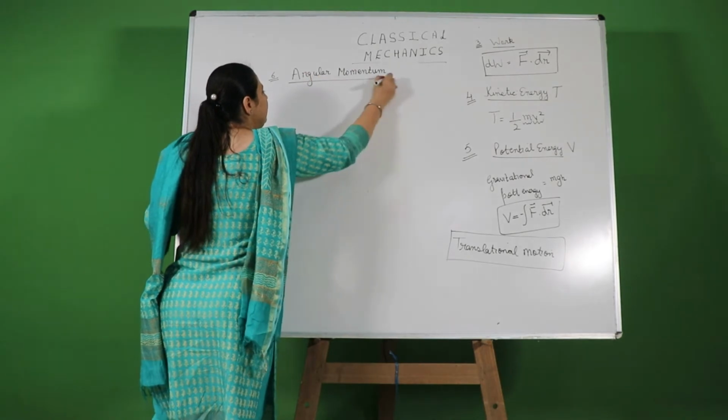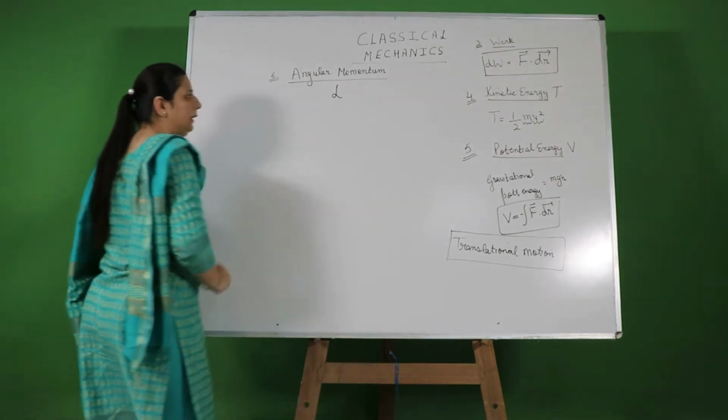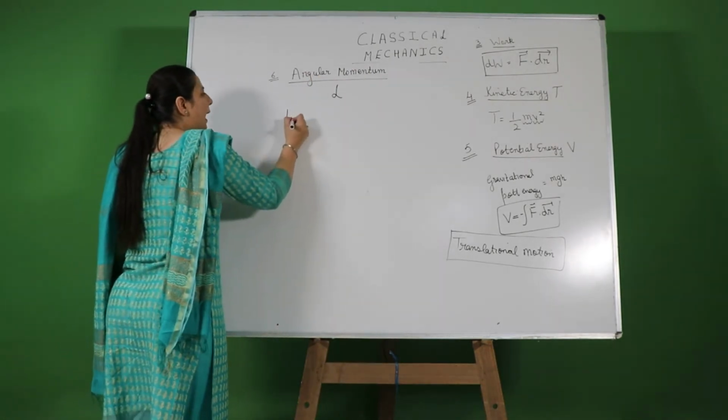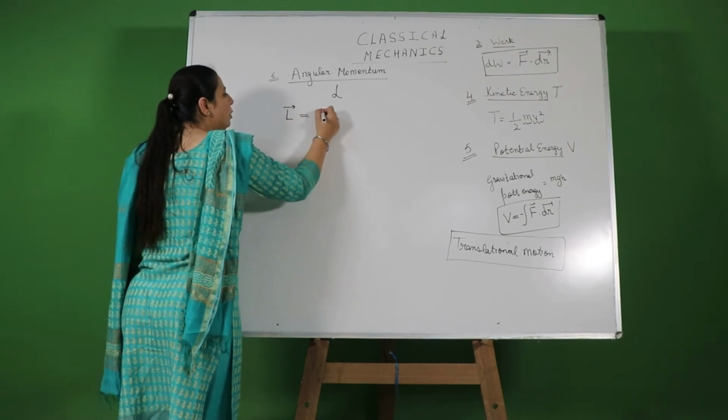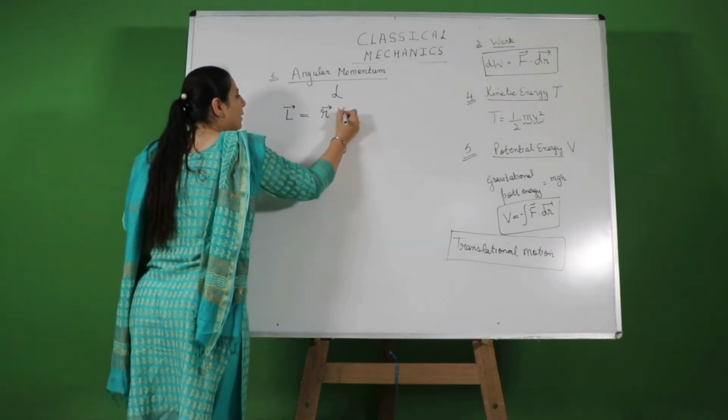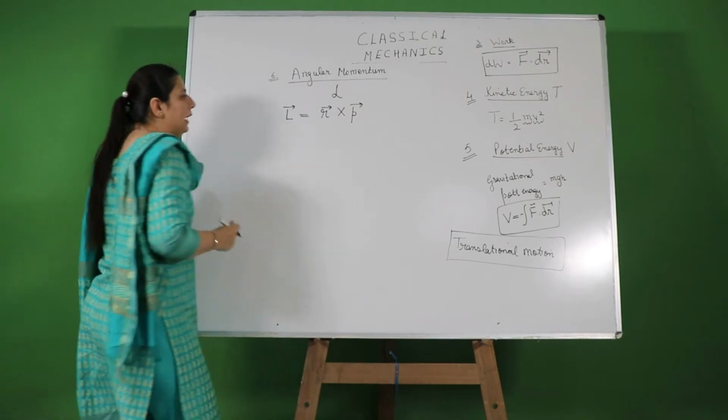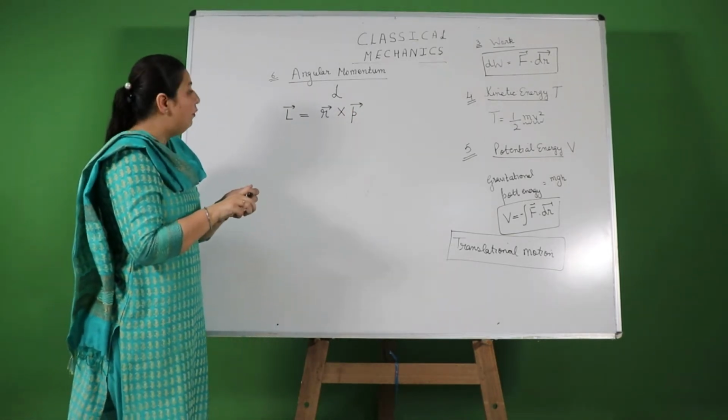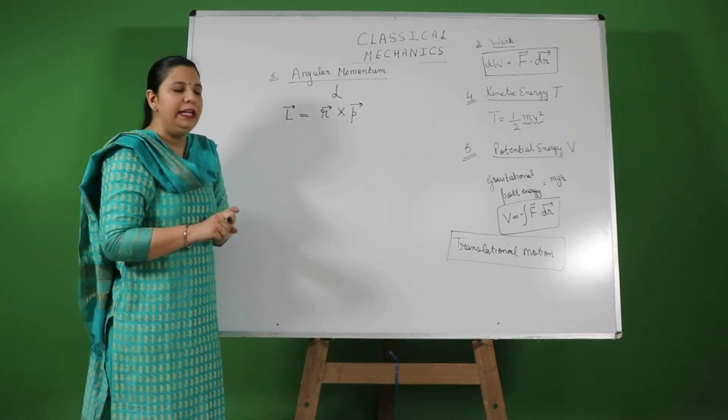Angular momentum is represented by capital L, and it is given as L equals the cross product of R, where R is the position vector, with P, where P is the linear momentum.